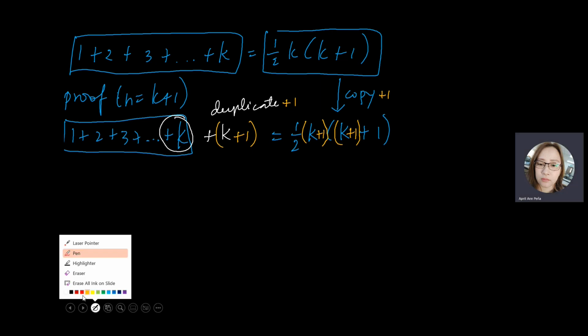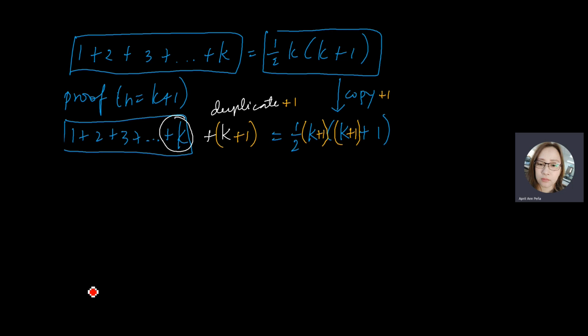Going back to simplifying, we stopped here. Simply what you're going to do, this portion, as you can see, the 1 plus 2 plus 3 plus k, remember we copied it from the left side of the induction hypothesis.